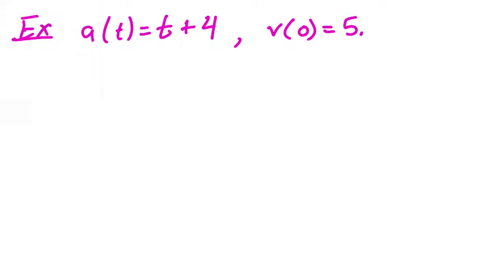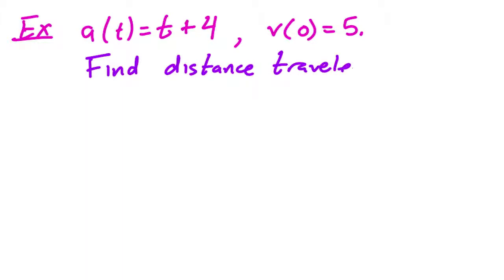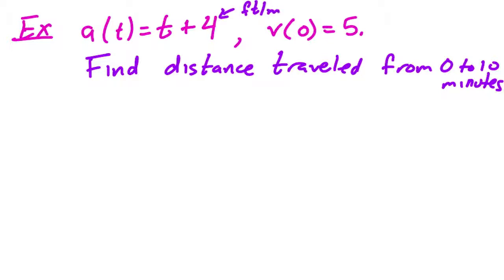And so let's say we want to find the distance traveled from 0 to 10 minutes. Now I haven't given it units, but let's say the units for the acceleration are feet per minute squared.